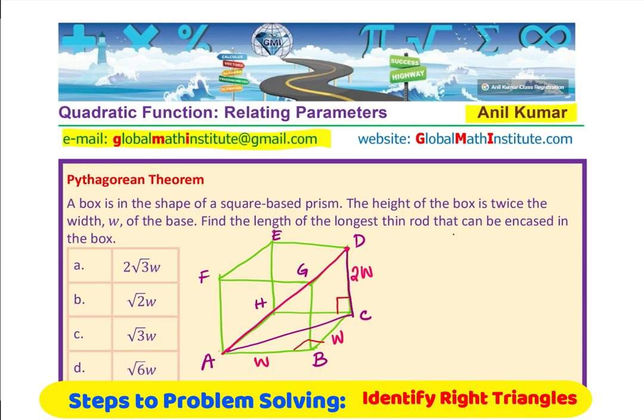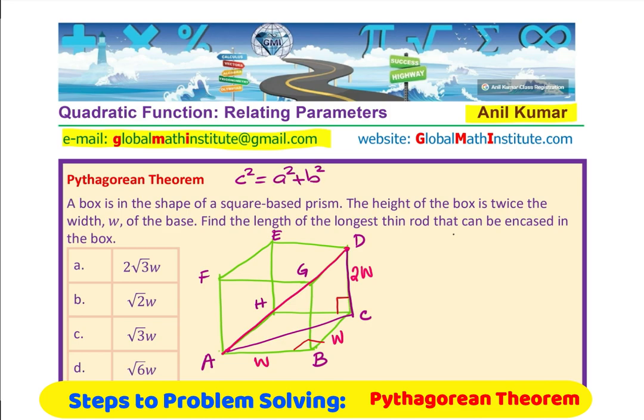Okay. I hope the diagram is absolutely clear. You can now pause the video and find the longest length A to D. We'll do it in steps using the Pythagorean theorem. I hope you remember what the Pythagorean theorem is. In a right angle triangle, we know c square is equal to a square plus b square.